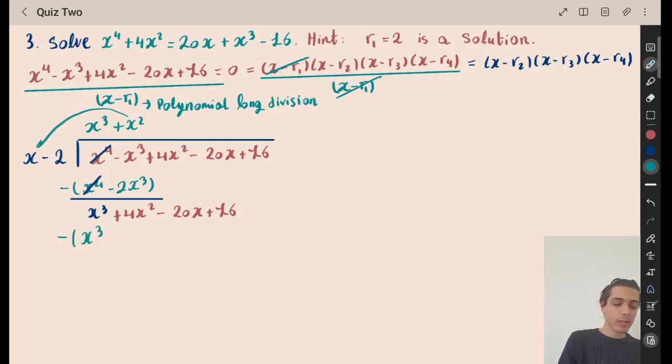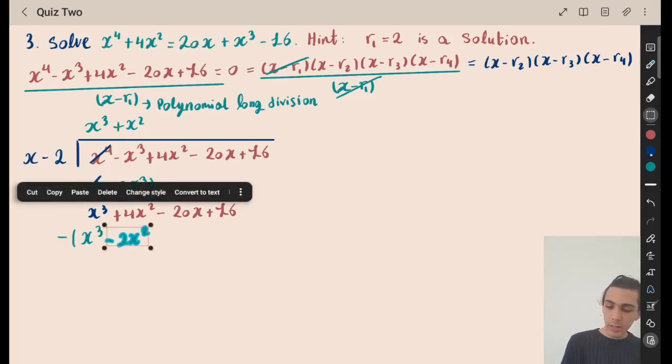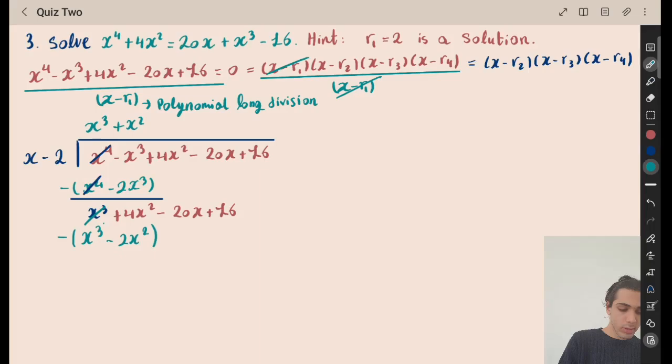So if I multiply x squared by x, I get x cubed. If I multiply x squared by minus 2, I get minus 2x squared. And I'm taking away this whole amount. So this cancels out. And from here I get 6x squared.